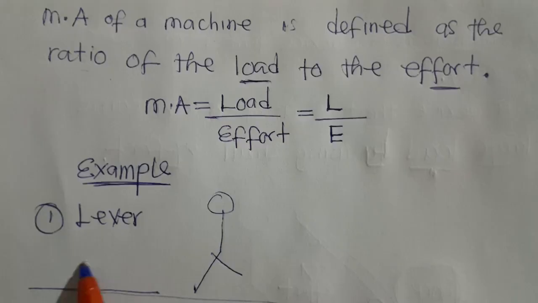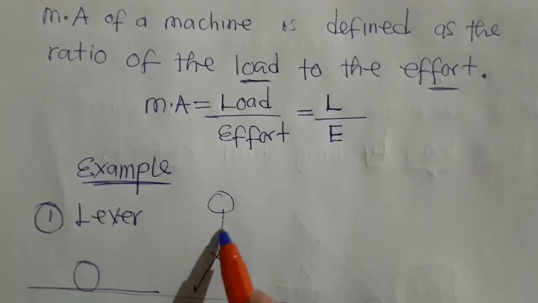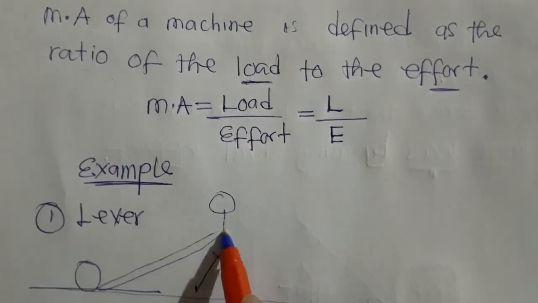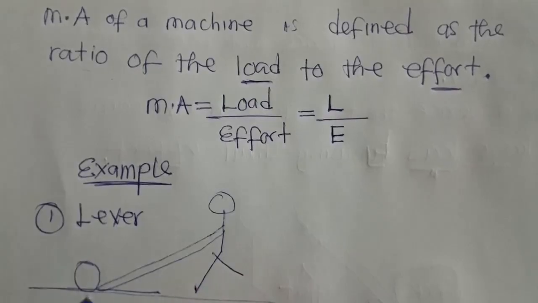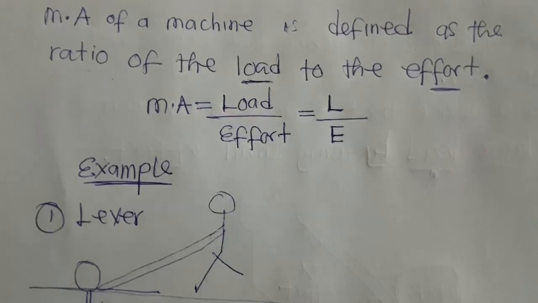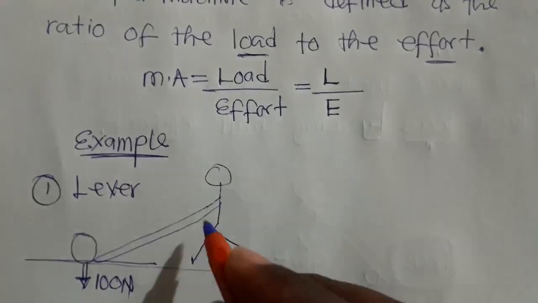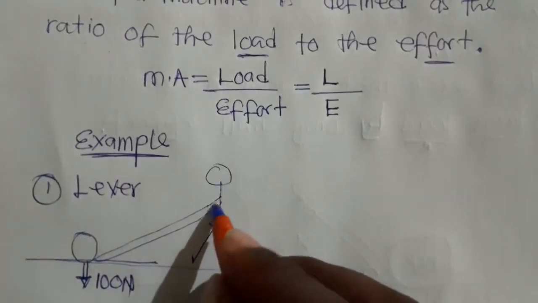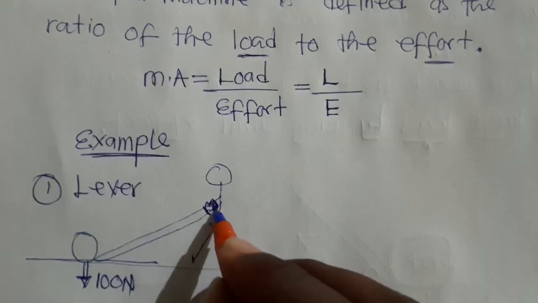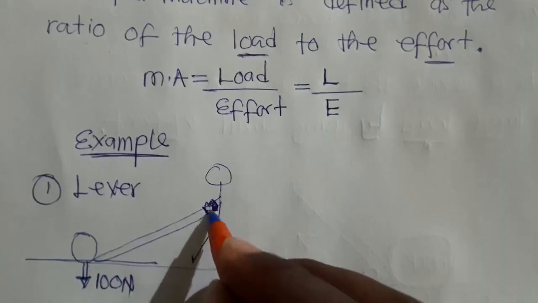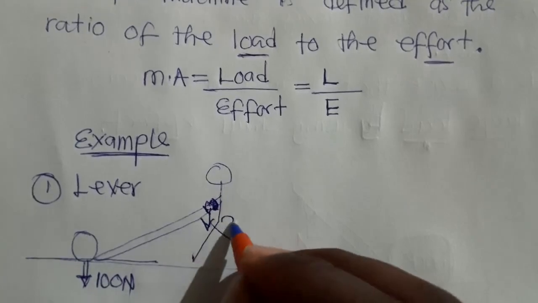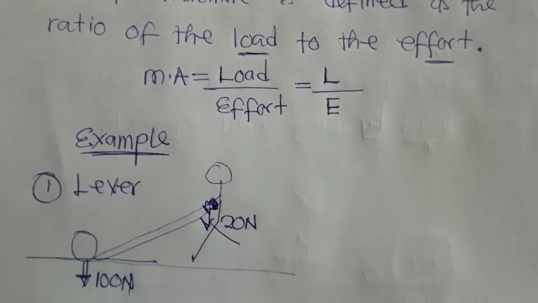You are putting this thing like this. Let's say this load has a force of 100 newtons. Then the effort, this is where you are applying the force, is 20 newtons.